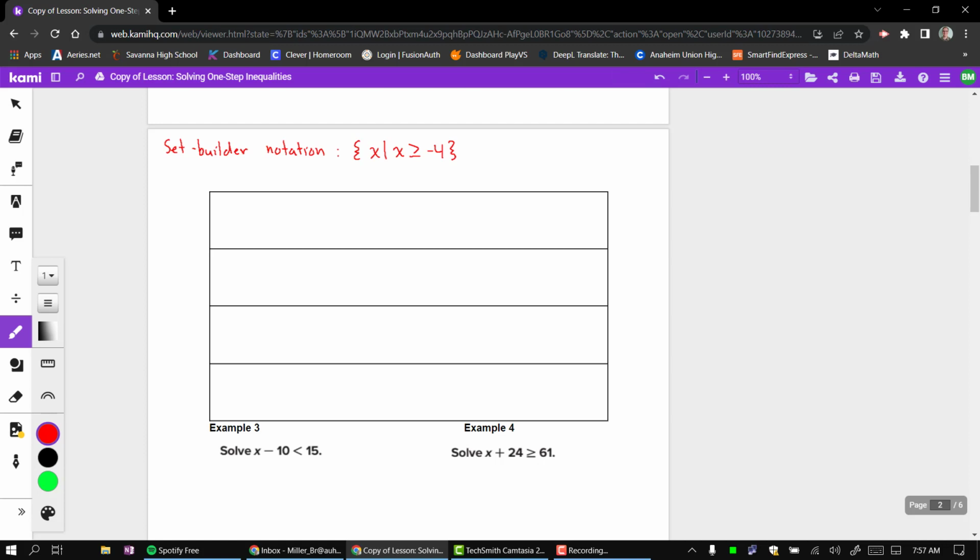And we read this as set of all numbers x such that, in this case, x is greater than or equal to 4.